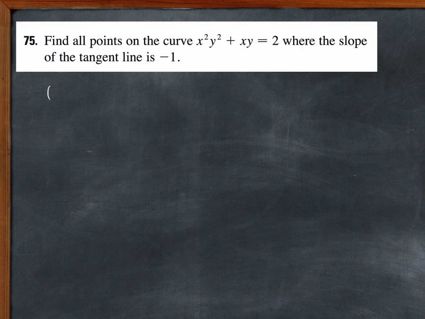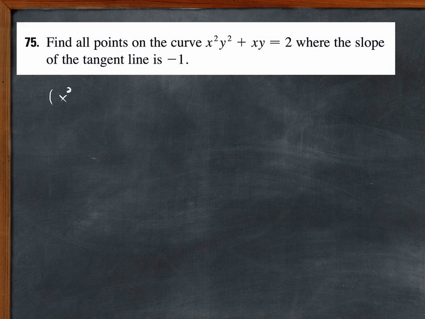So it will be x squared y squared plus xy, and then we take the derivative, and equals 2. And of course, we also take the derivative of 2, but you know that 2 is a constant, so it becomes just 0, which is very simple. The left hand side is not that easy to do, but I think we can do it.